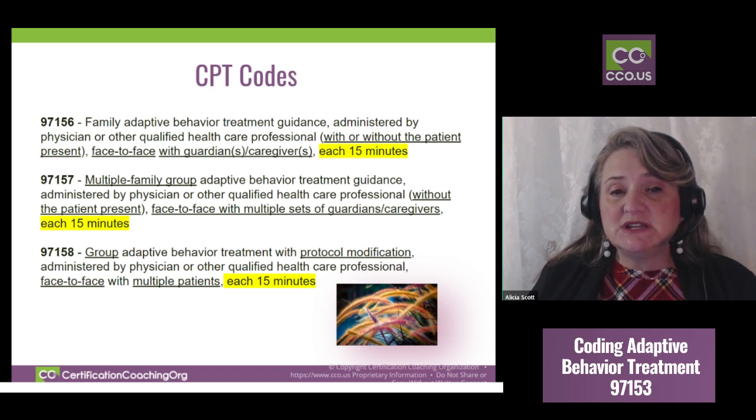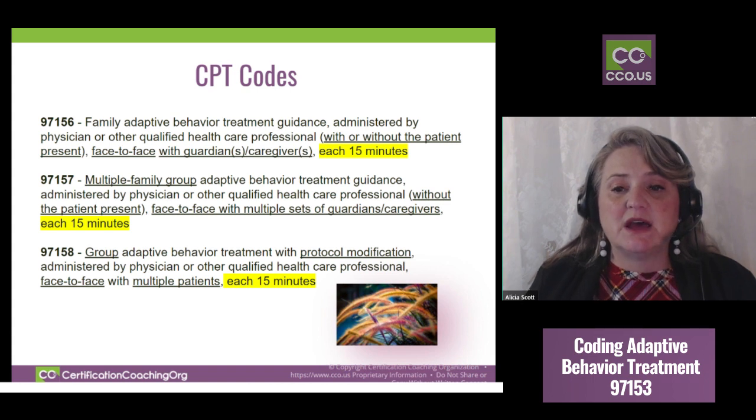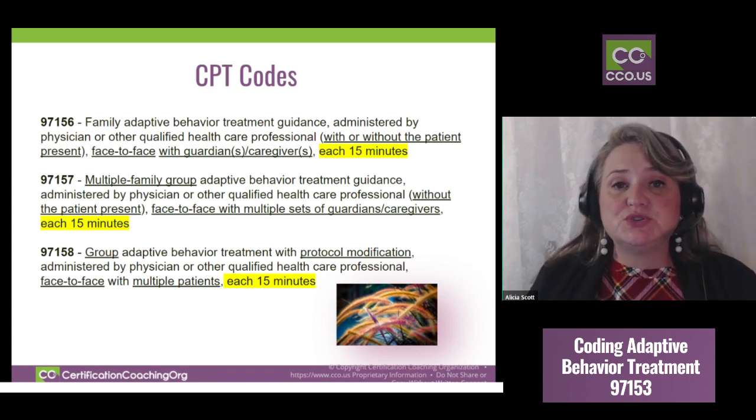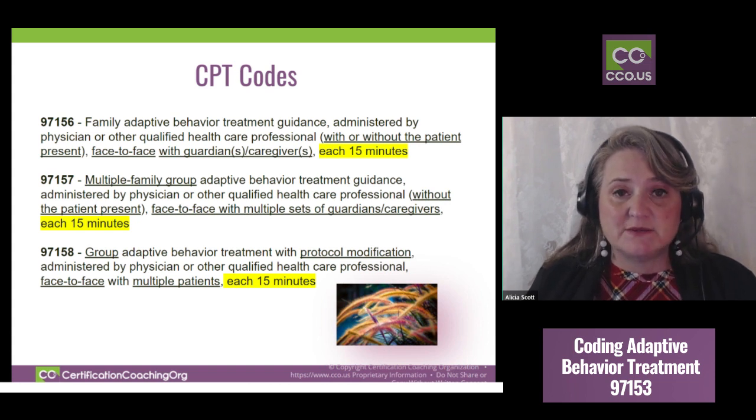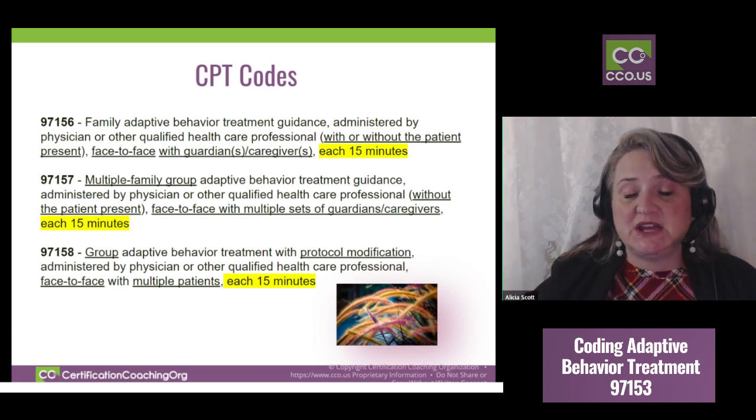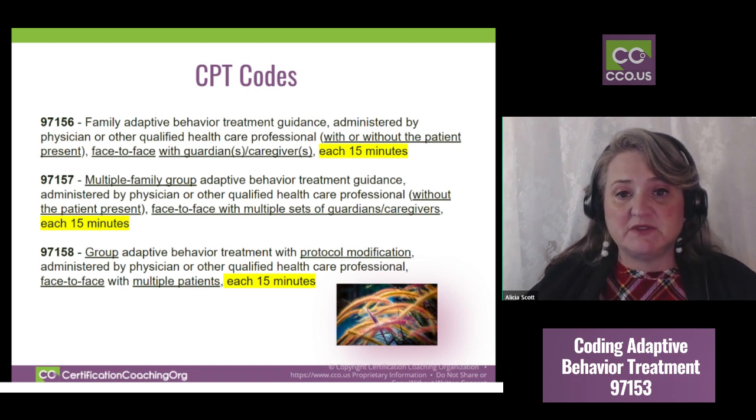97157, multi-family group. All right, so we have more family and more family members. So let's say we have two sets of parents, and they're getting educated on how to deal with this particular adaptive behavior.